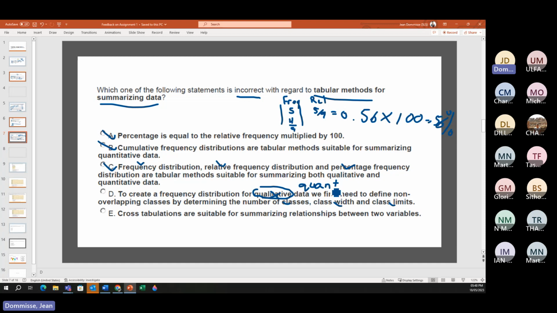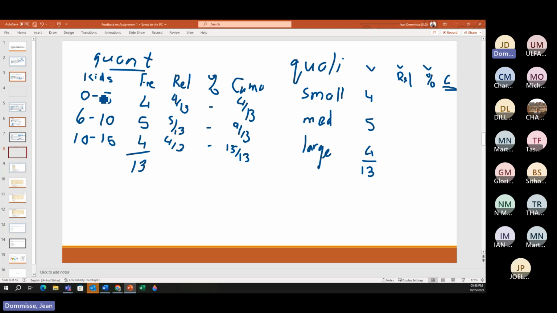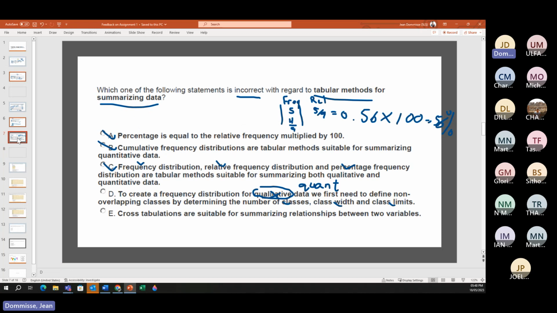So again, when you have quantitative data, you could see here I divided into classes, but I needed to work out how many numbers were going to be, what the class width would have been, what the limits would have been. I just created something, but when you work with a set of quantitative data, yes, you need to do that.